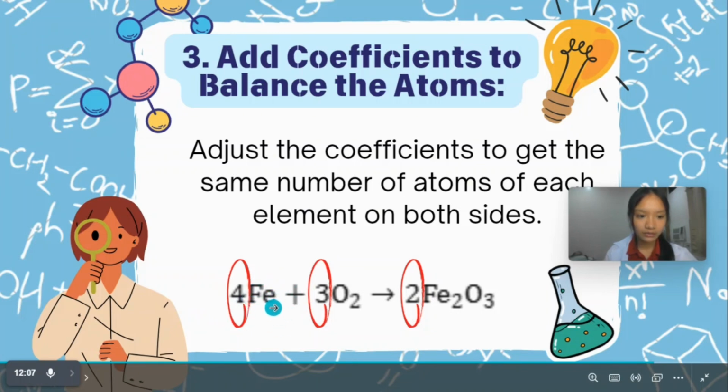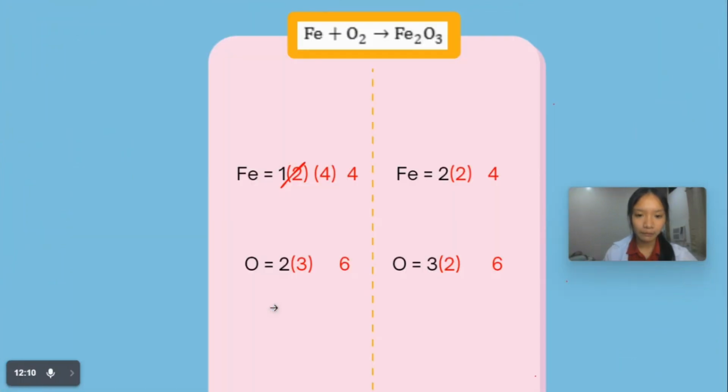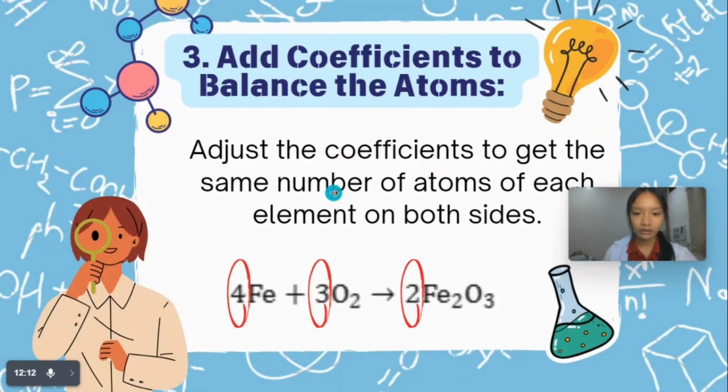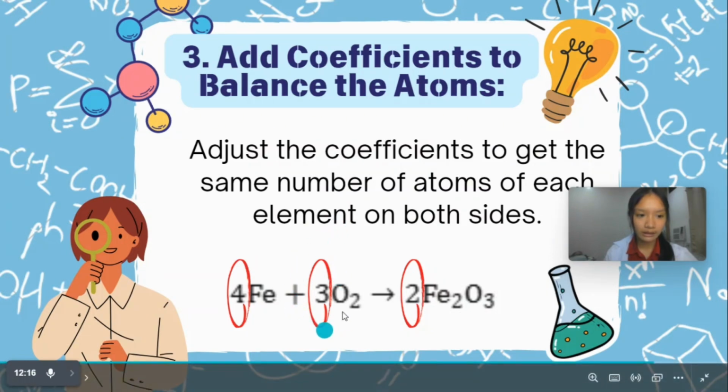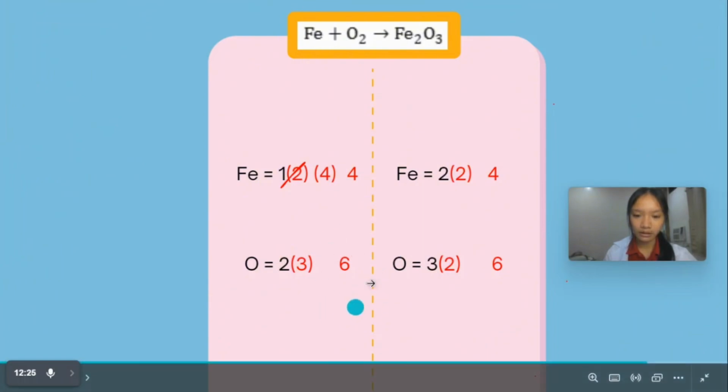This gives us 4. It's correct. Then, let's multiply the coefficient 3 by the subscript of oxygen, which is 2, resulting in 6, and that is correct.